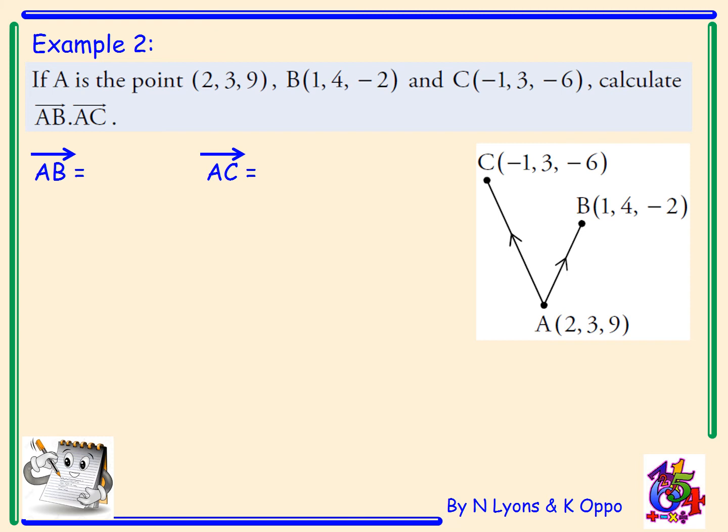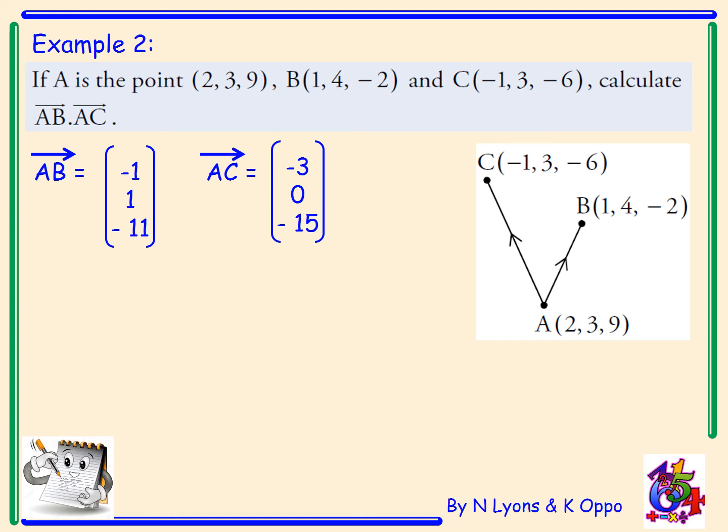At the point A, what do I have to do to the coordinates to get to the point C? So the vector AB equals negative 1, 1, minus 11. And the vector AC equals the vector negative 3, 0, negative 15.